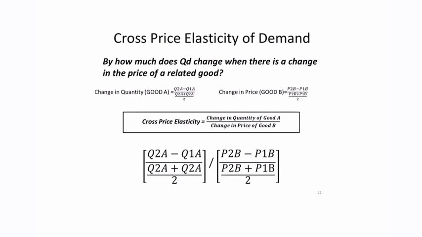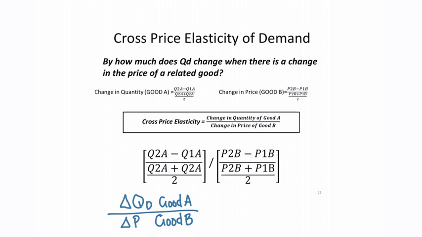Okay, so how do we calculate this? Well, we're looking at specifically here the change in quantity demanded for good A divided by the change in the price of good B. So the change in quantity demanded of good A will be quantity 2 for good A minus quantity 1 for good A divided by quantity 2A plus quantity 1A divided by 2.